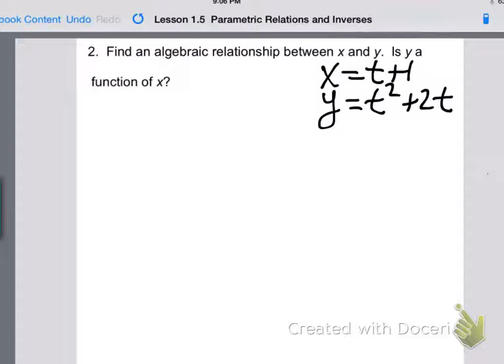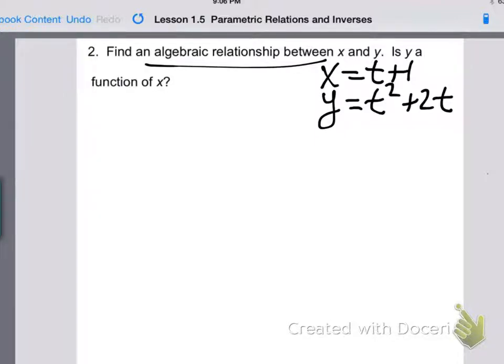So we have two equations with three variables, and I said that this is used to describe what we usually would write with one equation and two variables. So we're going to find that one equation right here. This is that algebraic relationship.